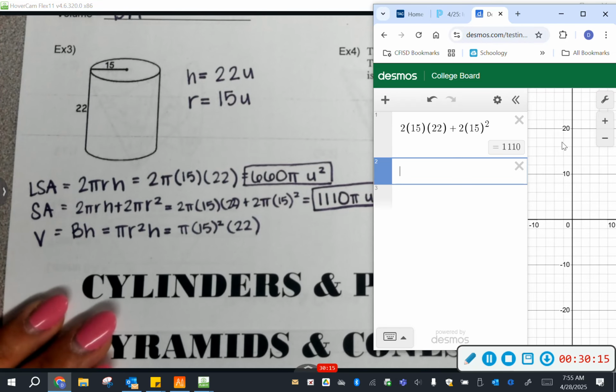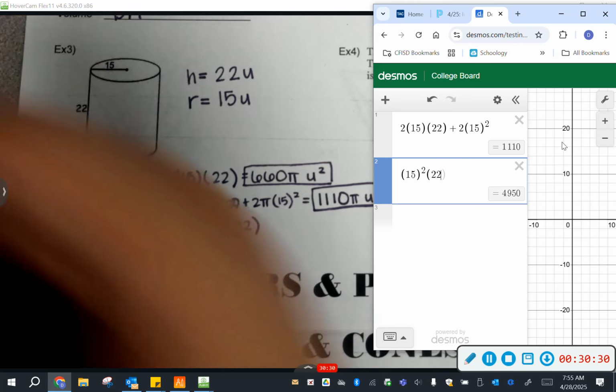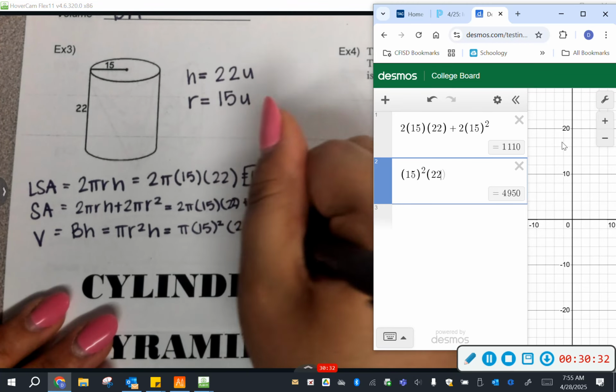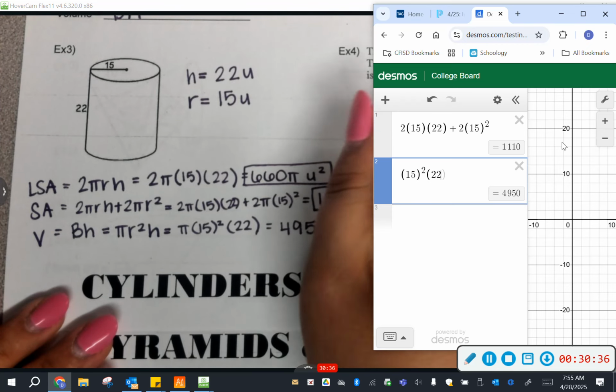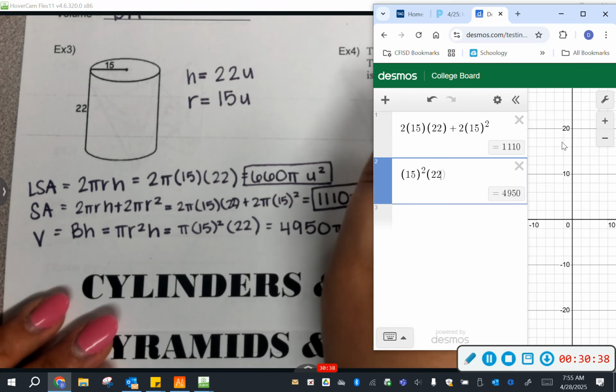So this is going to be no pi, so I got to put 15 squared, and what's h? 22? 4,950 is close to my answer. Pi, and it's going to be units cubed.